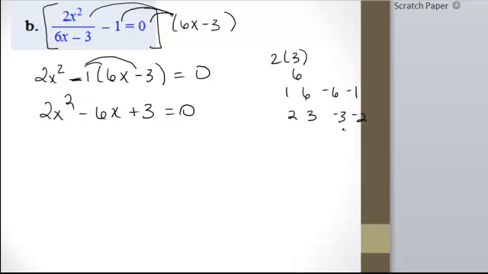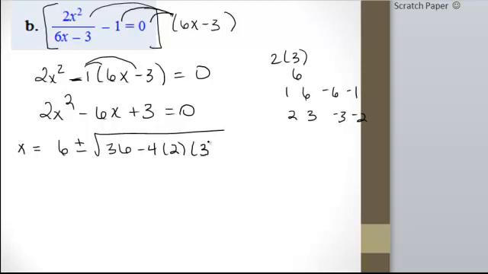None of these do that, right? Well, since that's the case, we need to do the quadratic formula. So x equals negative b plus or minus the square root of b squared minus 4ac all over 2a.